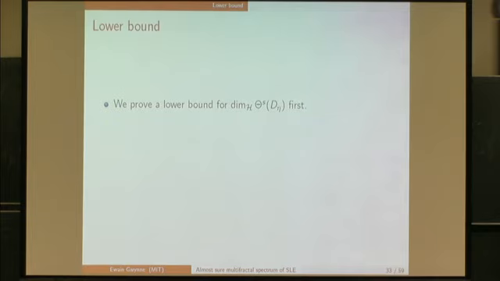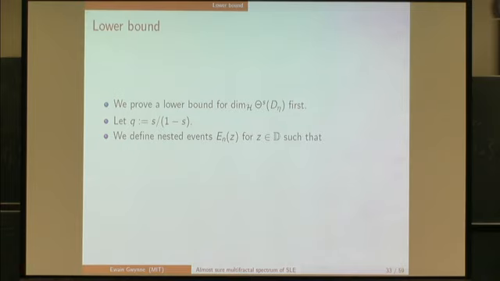And the reason for this is that we want to use some stuff from Miller and Sheffield's imaginary geometry papers, which is much easier to apply if you're working with the geometric properties of the curve rather than just with a conformal map. So to simplify notation, we're just going to define this parameter q to be s over 1 minus s.